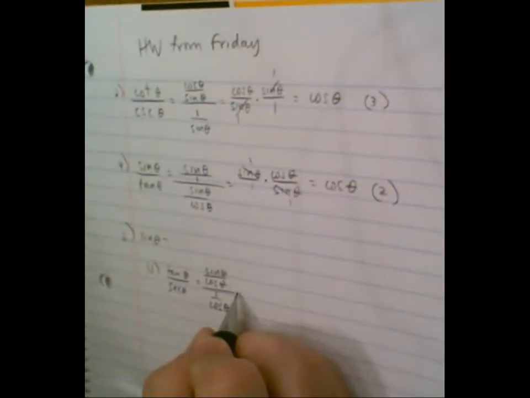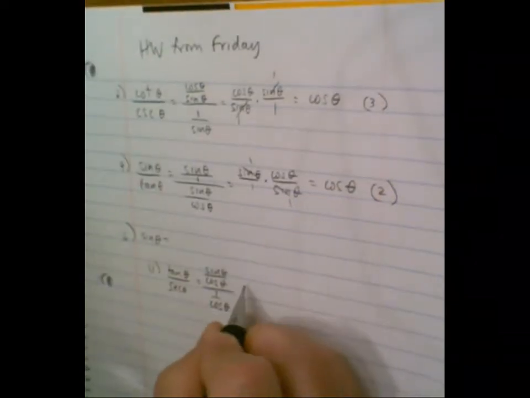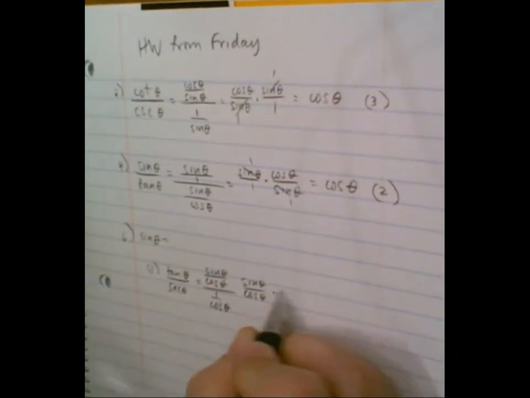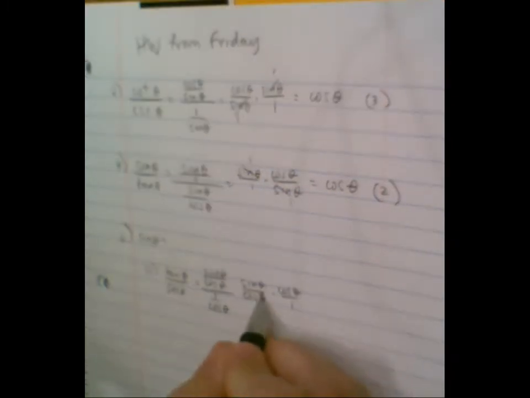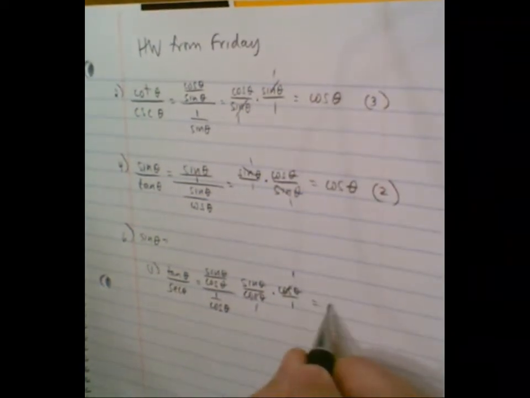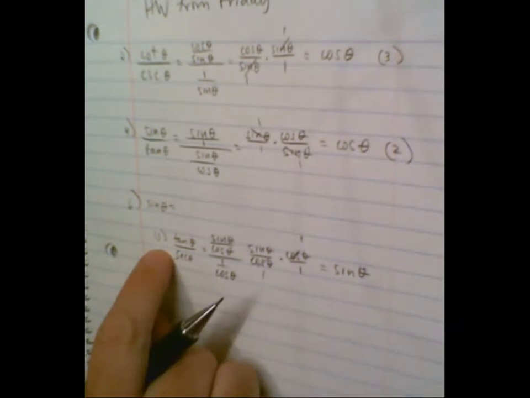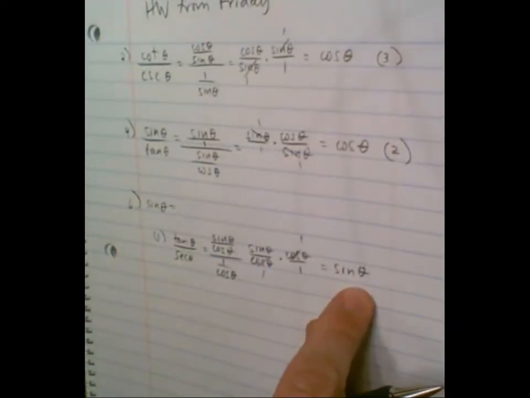We divide by a fraction, you multiply by the reciprocal, sine theta over cosine theta times cosine theta over 1. The cosine thetas cancel, and we're left with sine theta. So for number 6, choice 1 was the correct answer because it gave us sine theta.